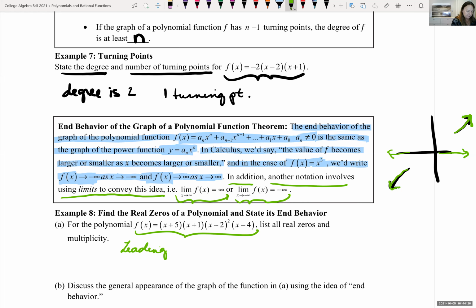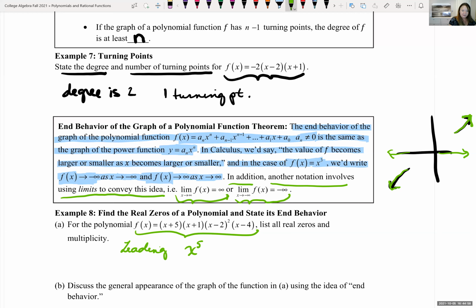So my leading coefficient is going to be positive 1. x times x is an x squared term, and x squared times, well, this is an x squared here because I'm squaring it, so x squared times x squared is an x to the 4th term, adding our exponents. And an x to the 4th term times this last factor with x in it would be an x to the 5th term. And so I can see then that my leading term is going to be x to the 5th.